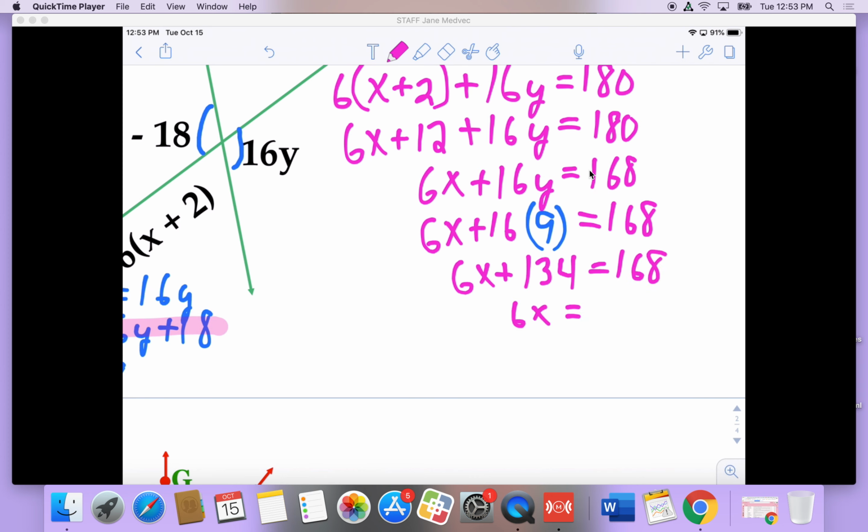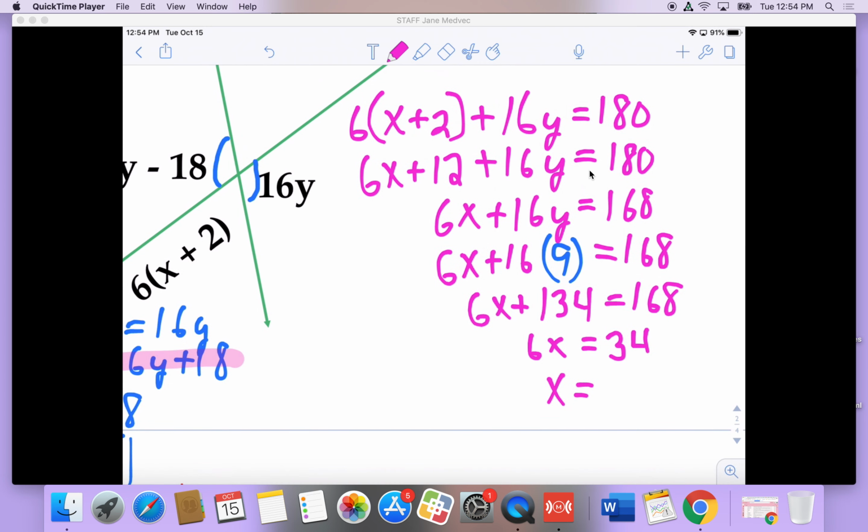6x gives me 34. Is that right? Yeah. Okay, so then what am I going to do? Divide by x gives me... 16 times 9, I got 44.